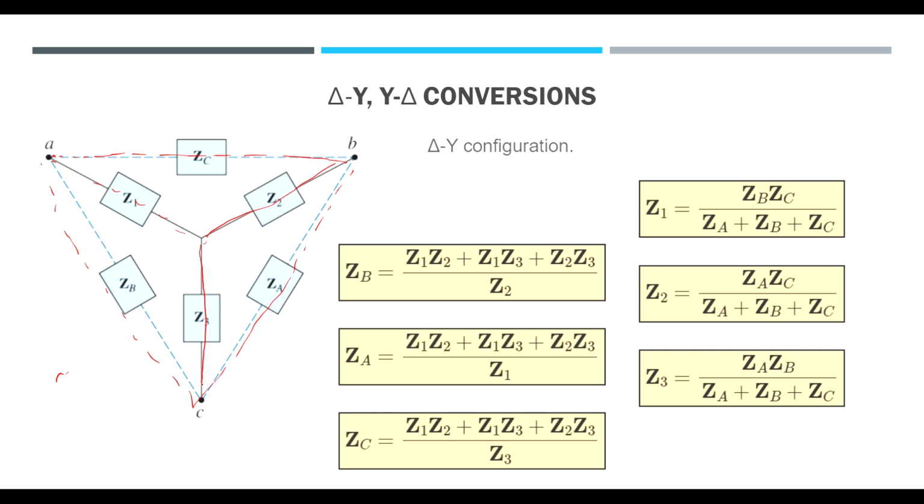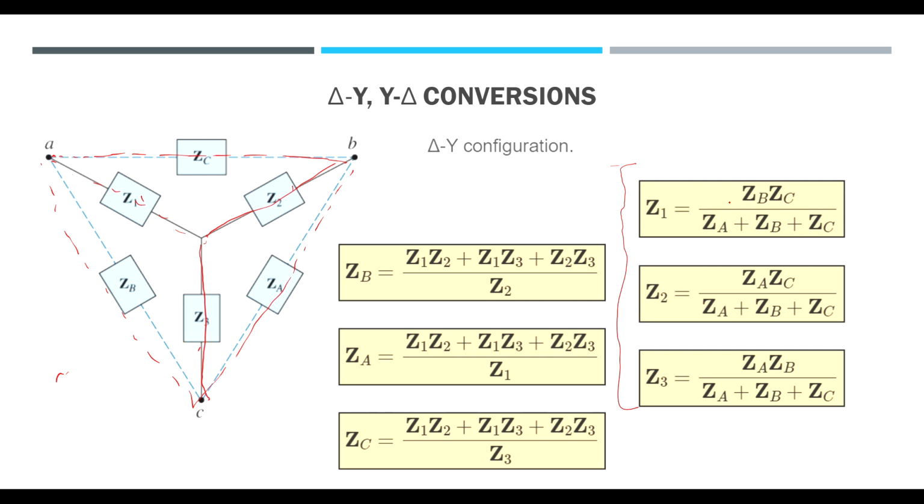You can always go from one to the other by following this set of equations. If you have a delta configuration and you want to go to your Y configuration, and you want it to be analogous, you have to compute Z1, Z2, and Z3, which are the ones for Y. Remember, this is 1, 2, and 3 for Y, and A, B, and C for delta.